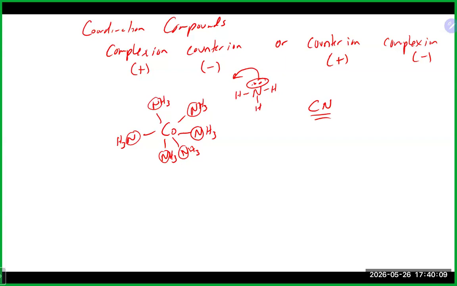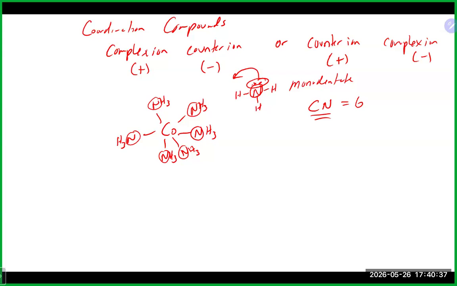That means ammonia will always attach through the nitrogen and only the nitrogen, which is what is referred to as a monodentate ligand, meaning it will only attach with one atom per molecule. So the coordination number on this particular one would be 6, because there are 6 nitrogens attached to the central metal.